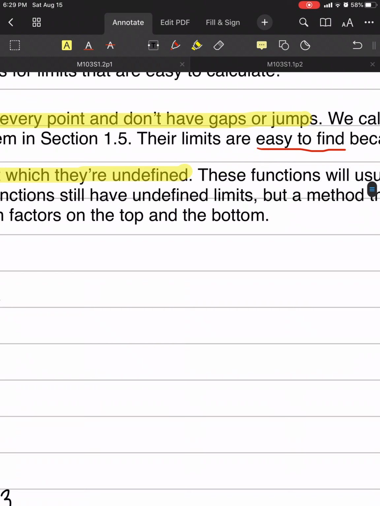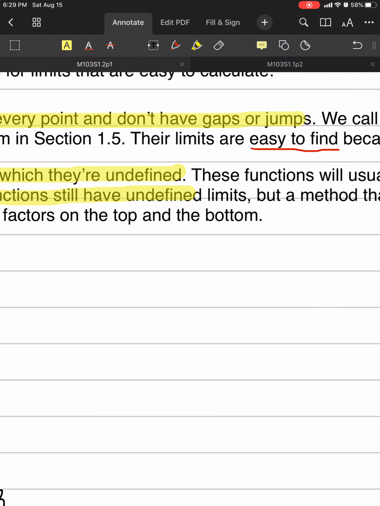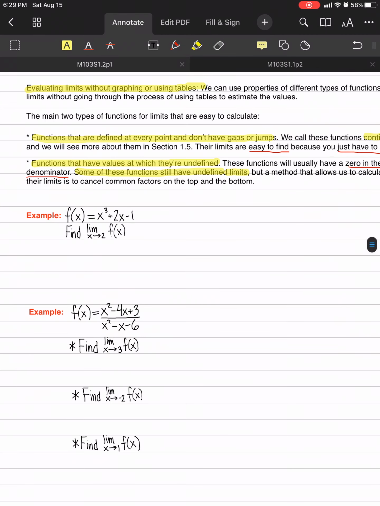Well, sometimes you're going to be able to find the limit. Let me point out the difference here. Some of these functions still have undefined limits. So even though your function has a 0 in the denominator, you have two different options here.